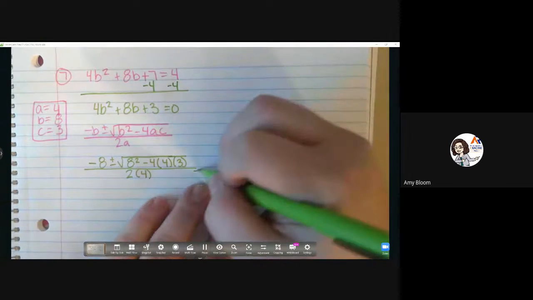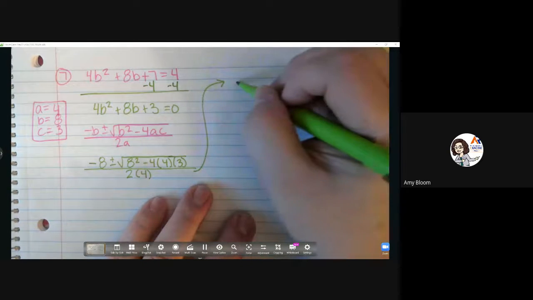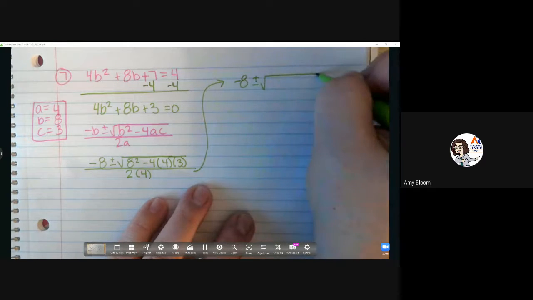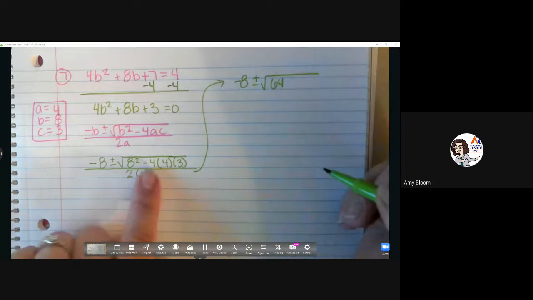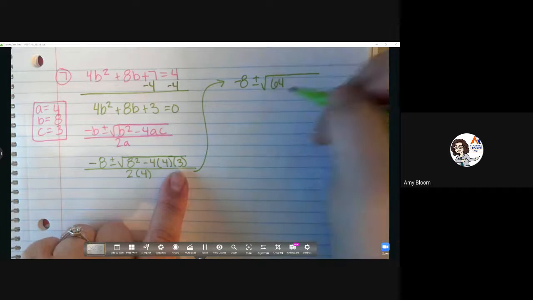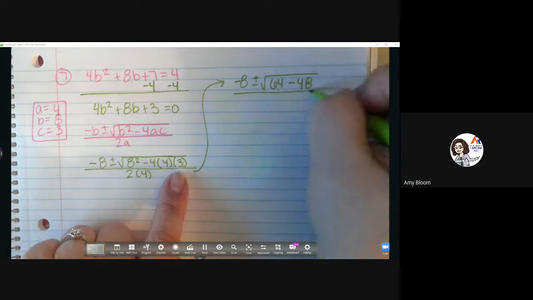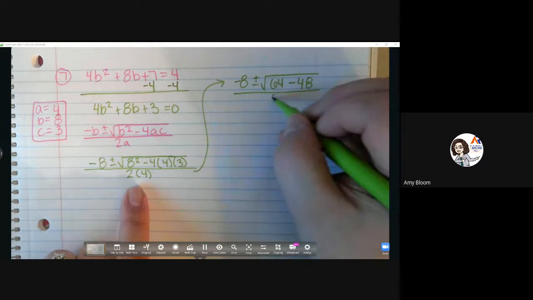All right, so I'm just going to come up here where I have a little bit more room. And now we're just going to start simplifying. So negative 8 plus or minus, all right, 8 squared is 64. And then negative 4 times 3 gives us negative 48. And then on the bottom, we have 2 times 4, so 8.